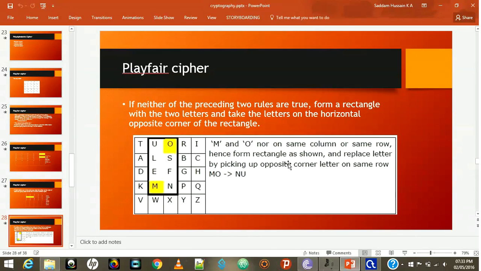So form a rectangle as shown, and replace each letter by picking the opposite corner letter on the same row. MO becomes NU. For M, the intersection letter is N, and for O we get U. Got it. This is the Playfair cipher algorithm.